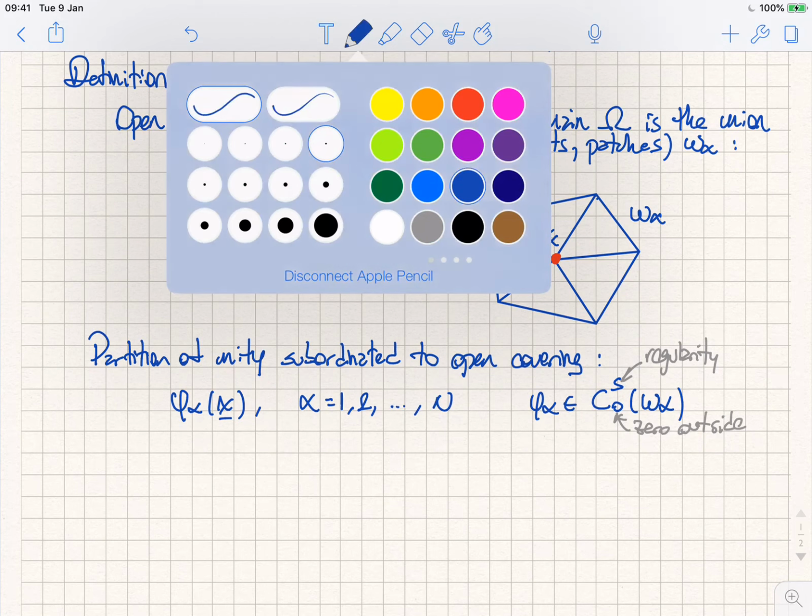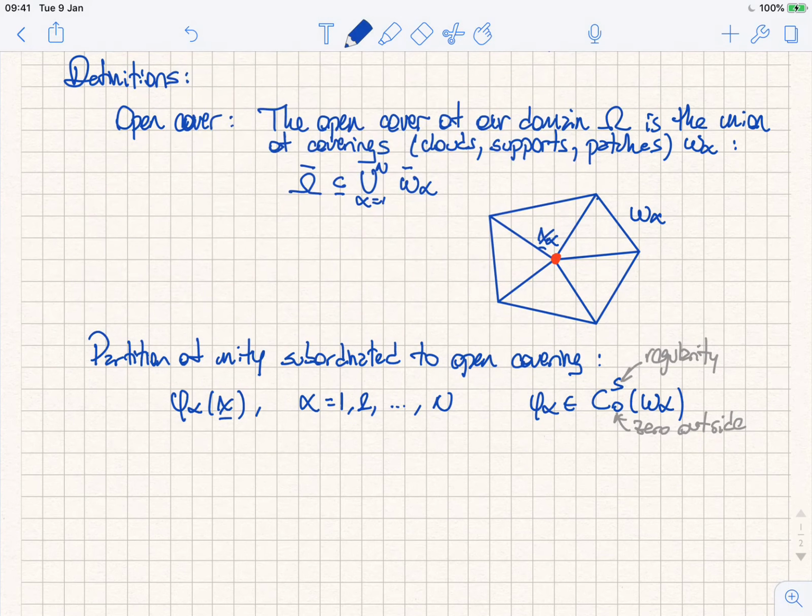But the actual concept of partition of unity is that at any point in that domain, the sum of all of those enrichment functions, those shape functions, is equal to what? And we saw this already in the other class. Yeah? That is why this is called a partition of unity.